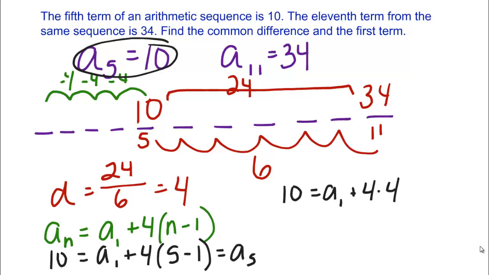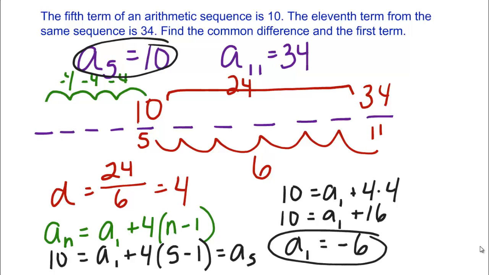So if 16 plus a1 equals 10, I know that a1 equals negative 6. So I used the formula we know. I found d over here, so I can circle that. I found d by thinking about how many jumps we made, and then I plugged in and was able to solve for a1.